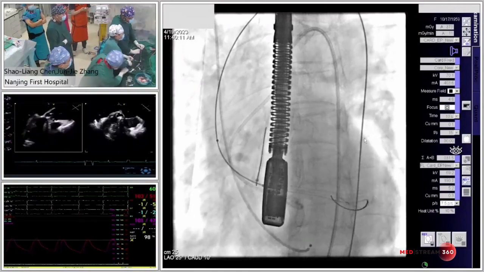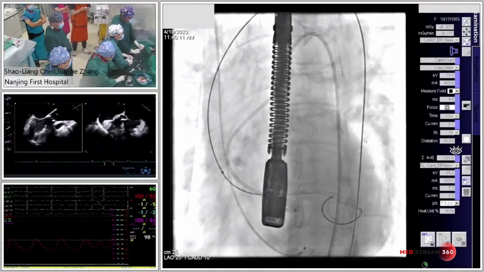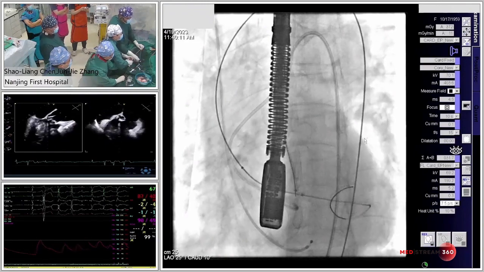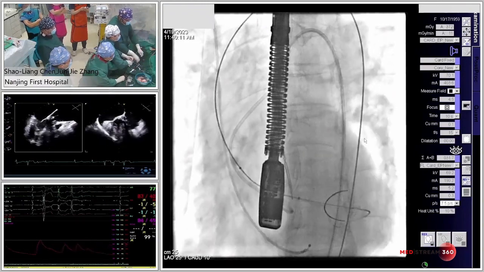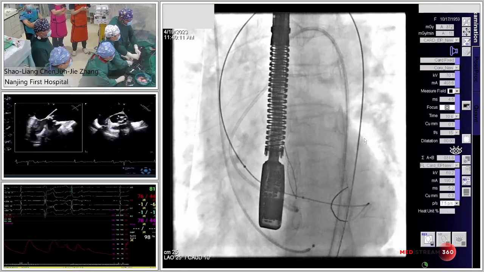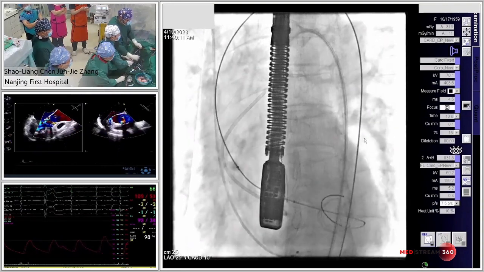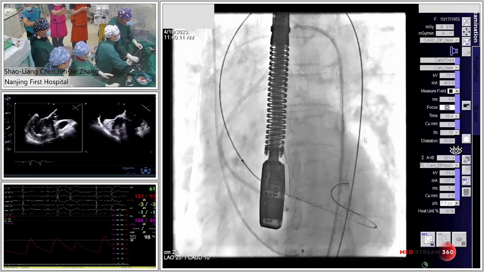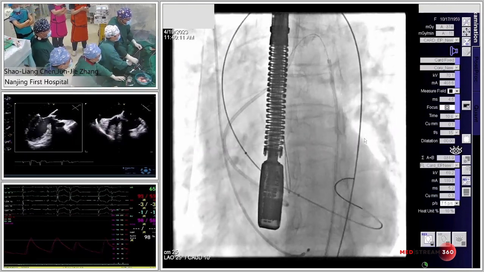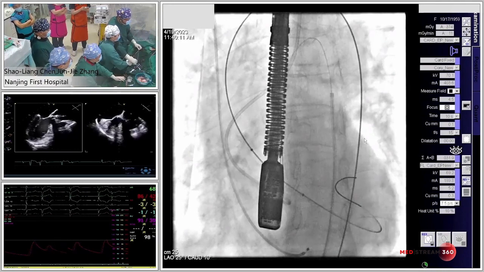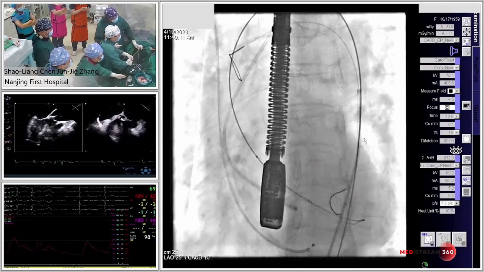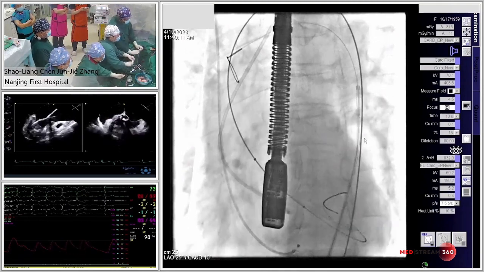Advance the wire. Yeah, you see quite a lot of resistance. You see, we successfully crossed, but it's not so easy. I successfully, with the snare facilitating, got the balloon across.